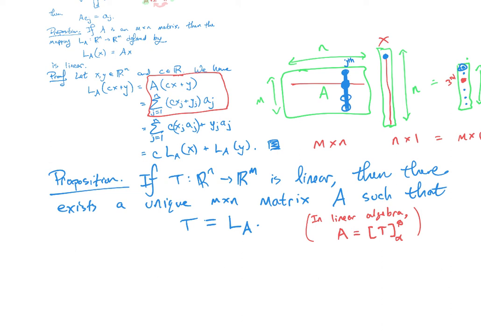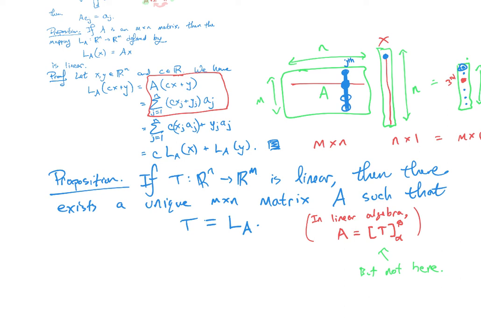In this class, we are not going to make a big deal out of bases because we're just going to use the standard basis basically all the time. Okay, so we will never have to denote bases like that. And we're not going to have to talk about this matrix enough to really give it this notation. So we're not going to do this. So let me just say, but not here, just because we won't need it. Okay.